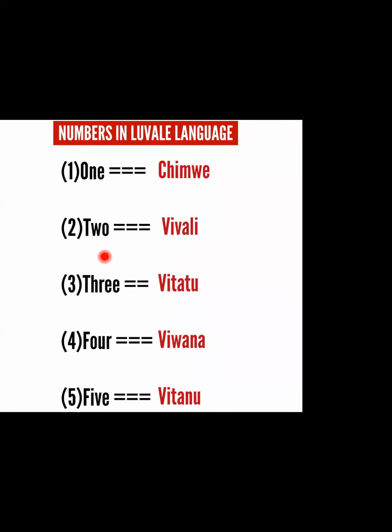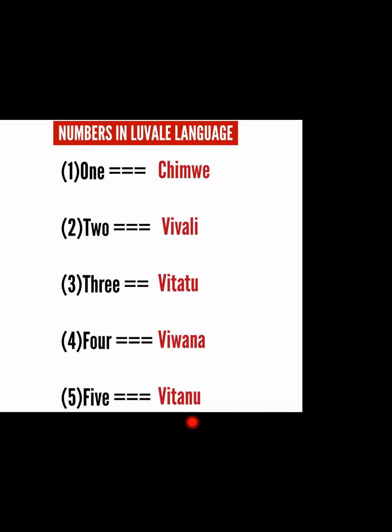So 2 is vivali, 3 vitatu, 4 viwana, 5 vitanu. So 1 chimwe, 2 vivali, 3 vitatu, 4 viwana, 5 vitanu.